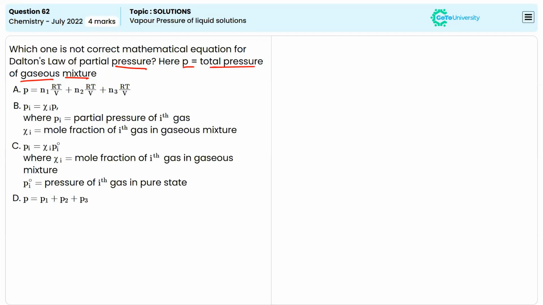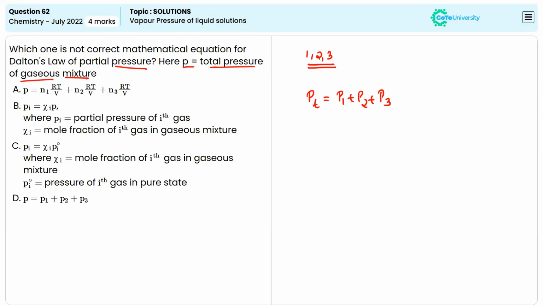Dalton's law of partial pressure means if you are taking a gaseous mixture containing components 1, 2 and 3, the total pressure of the mixture, P total, will be equal to the summation of the partial pressures of the individual components. That is PT is equal to P1 plus P2 plus P3. This is Dalton's law of partial pressure.